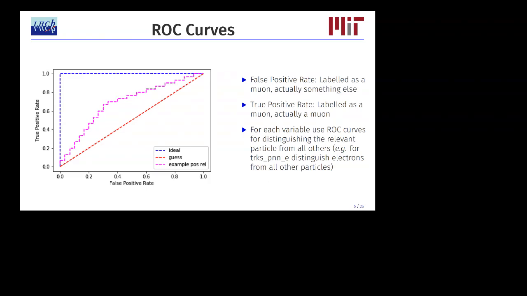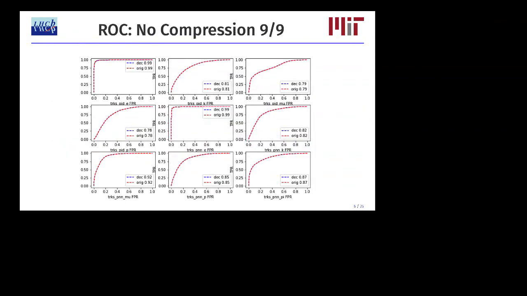The 9 PID variables that we have are traditionally used to cut on. For example, prob NNE is used as a variable that's cut on to select electrons. So I will show you the ROC curve for distinguishing this particle, the electron, from all the others. So it's a one versus all others approach. And these are some of the results.